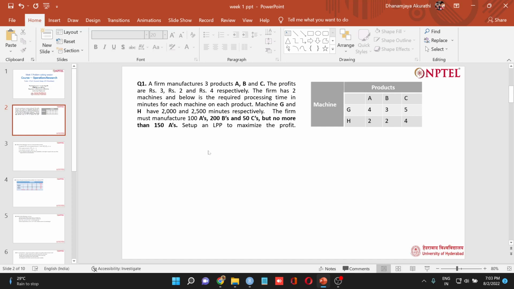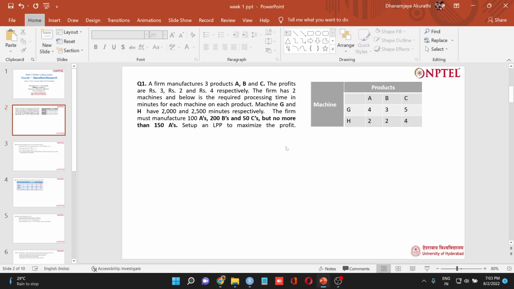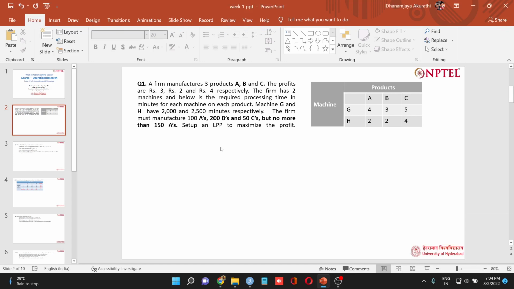In such a case, first we have to find out the decision variables. The firm must manufacture a given number of product A's, B's and C's. So the total number of products manufactured can be taken as the decision variables.